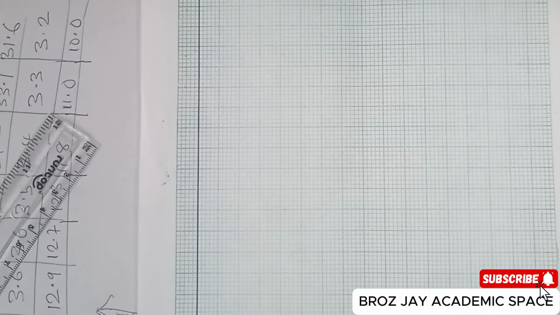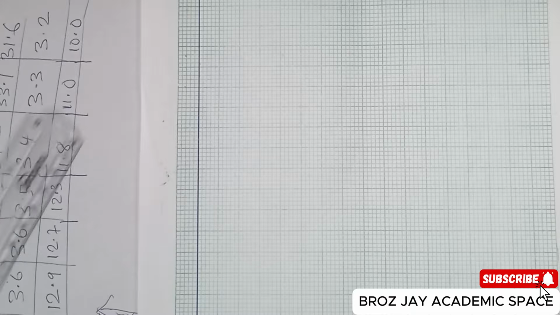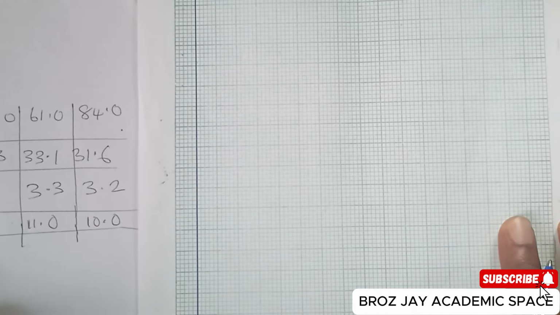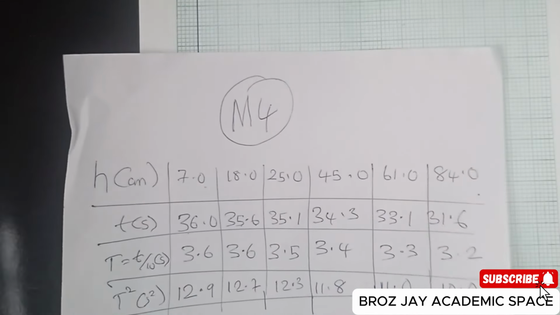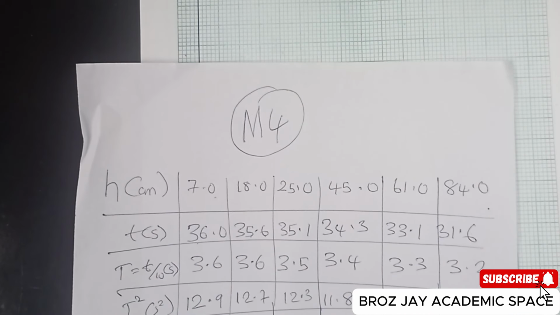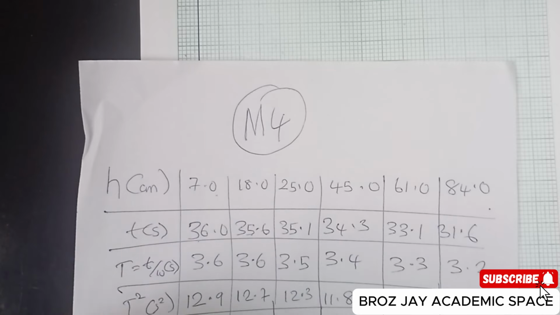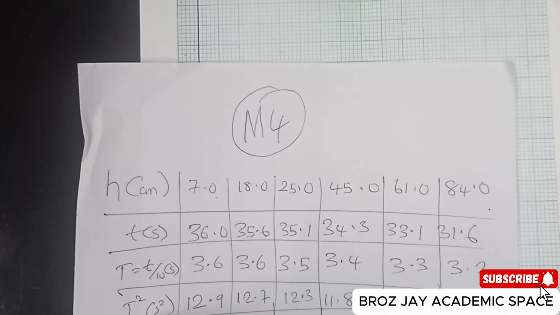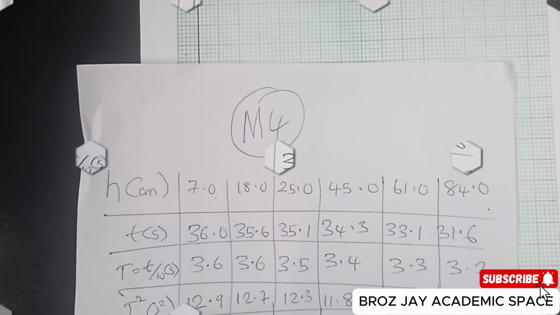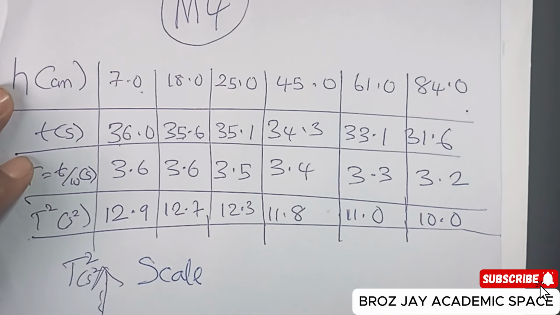Now what will be our scale so that we can work on this? Looking at our table, what's the suitable scale we can use? Let's look at the values. The highest value of t square is 12. Now let's scale our graph.